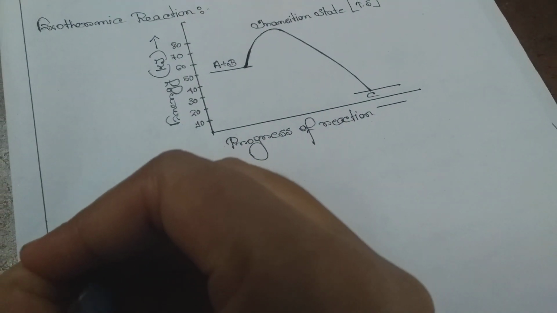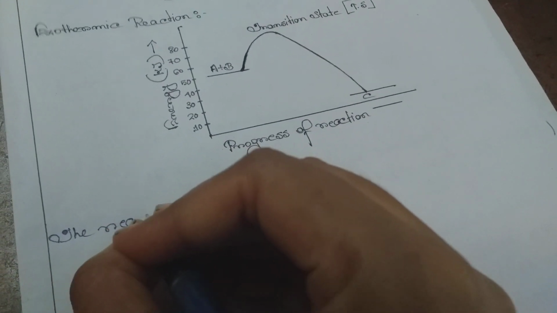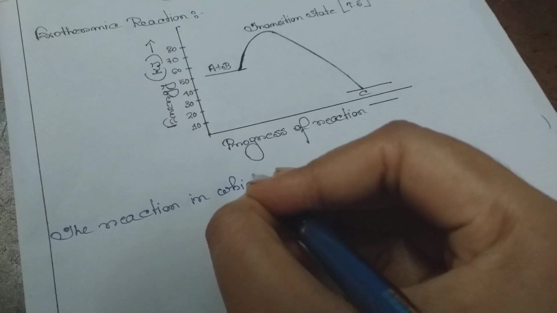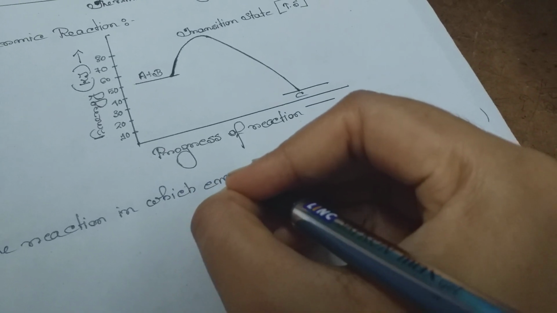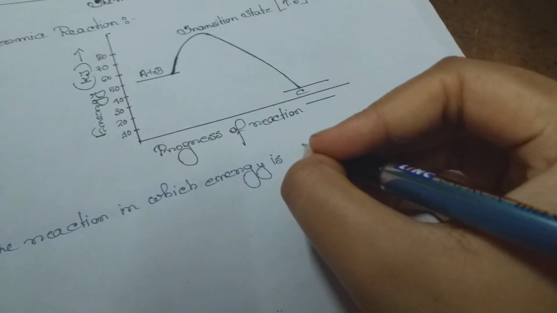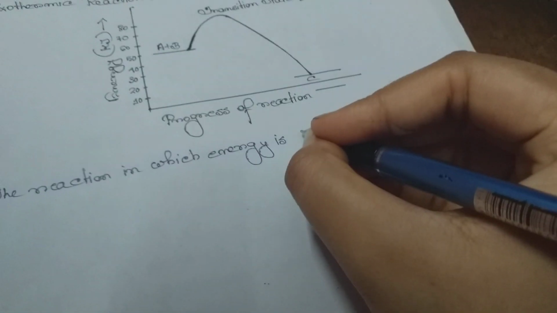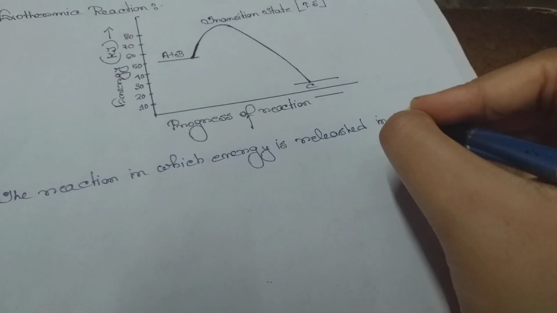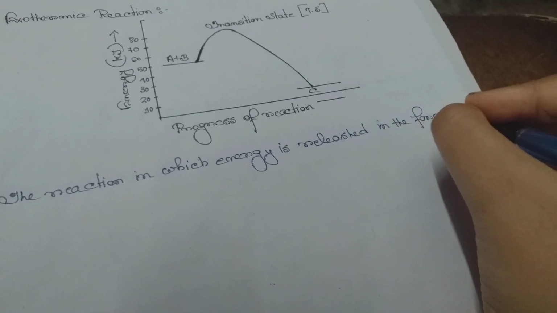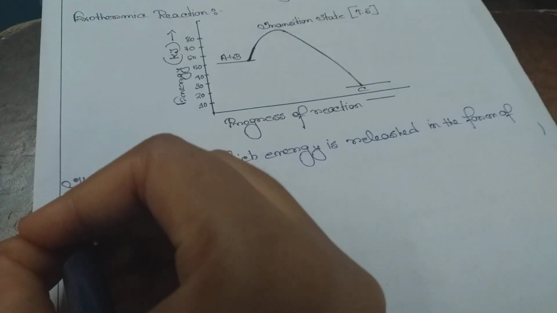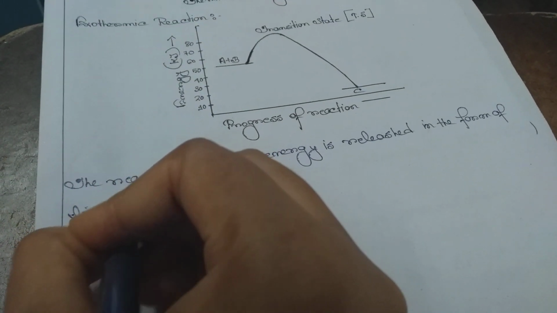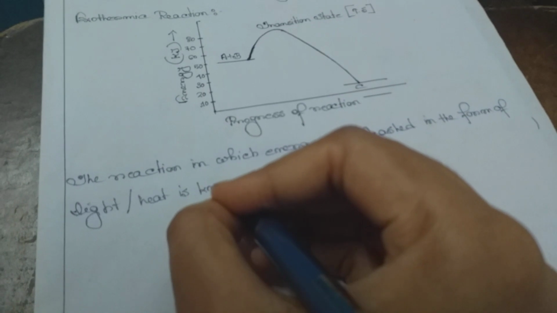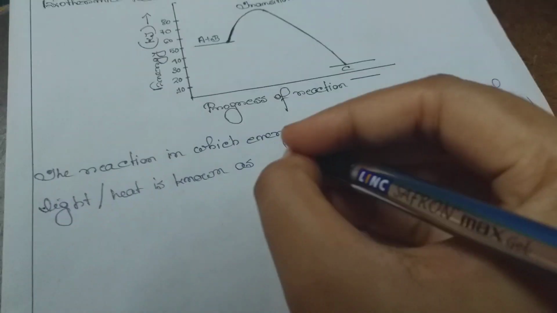The reaction in which energy is released in the form of light or heat is known as exothermic reaction.